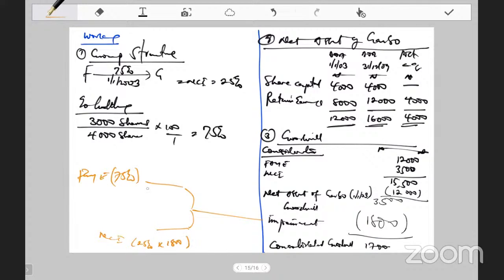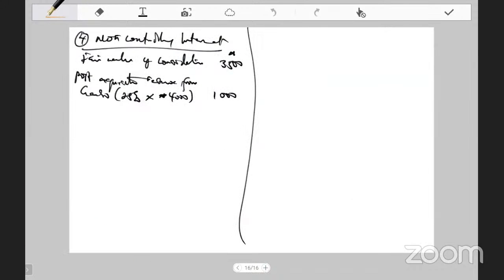So we look at the impairment loss. That's 25% of 1,800. What would that give me? 450 naira. Deduct.